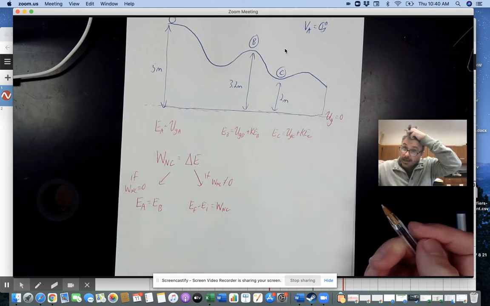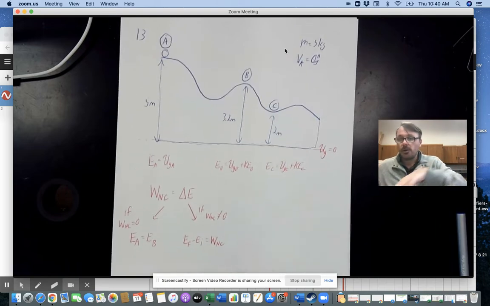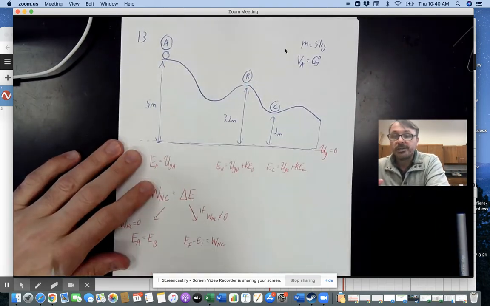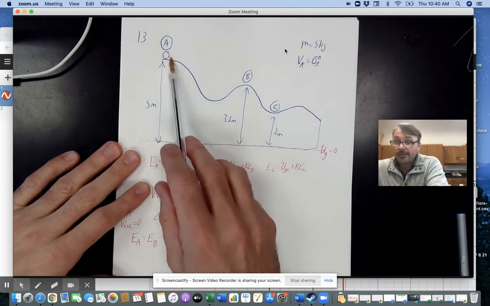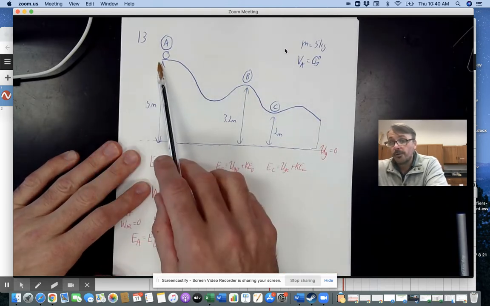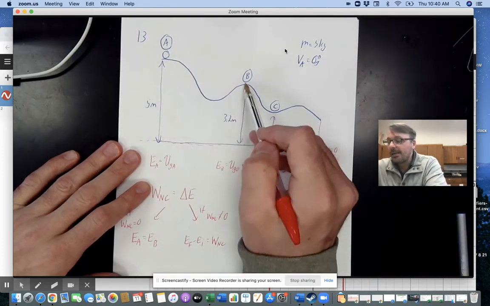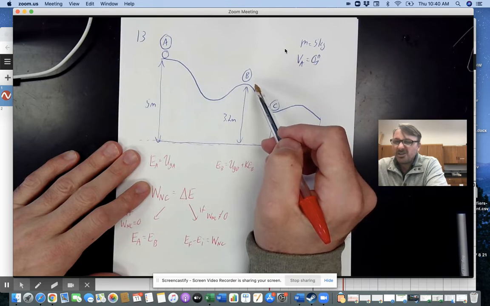And so we always want to think about, between the 2 points that matter, are there non-conservative forces doing work, right? So between A and B, what forces are present? Well, I've got gravity, which is a conservative force, and I've got the normal force, which is a non-conservative force. But here's the thing, between A and B, the normal force is not doing work.